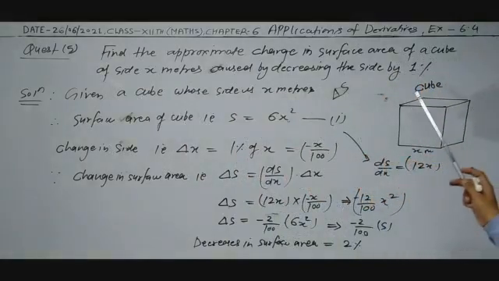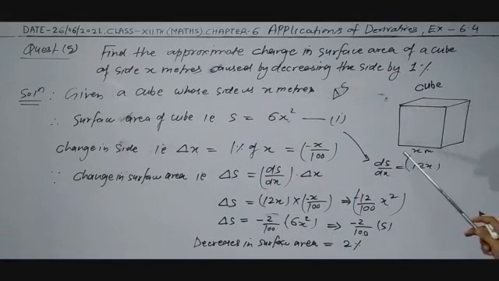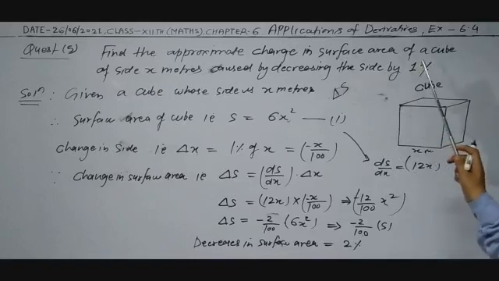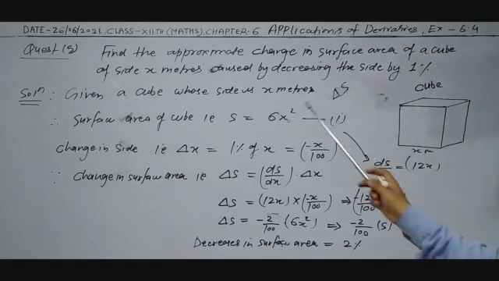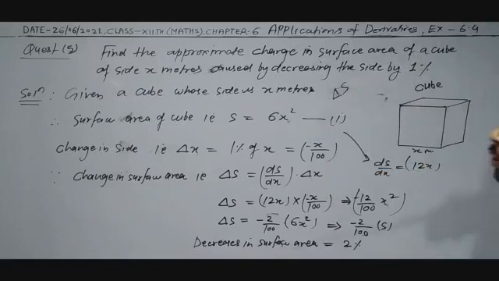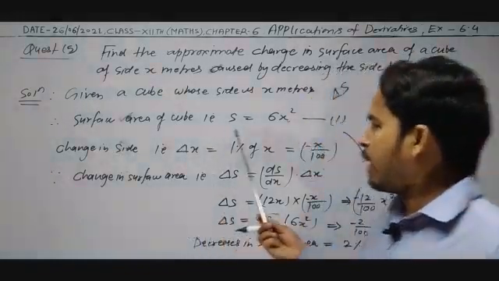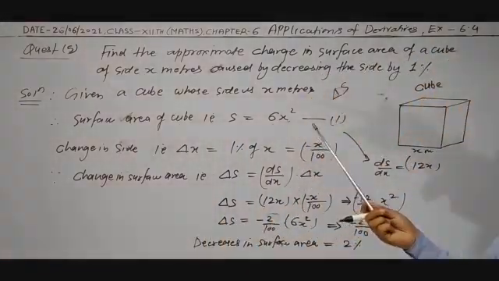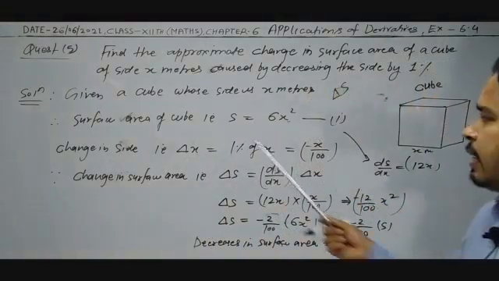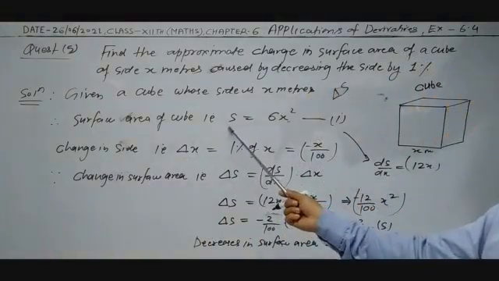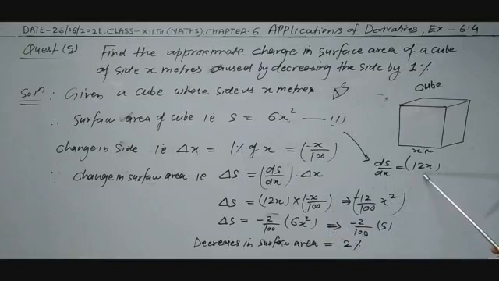Volume is proportional to the side of the cube. Side increase, volume increase, side decrease, volume decrease. So side is decreasing by 1%, so its volume or surface area will be decreased. So surface area of cube, you know the formula, that is 6x square having side x, and when you differentiate with respect to x, you will get dS upon dx, result 12x.